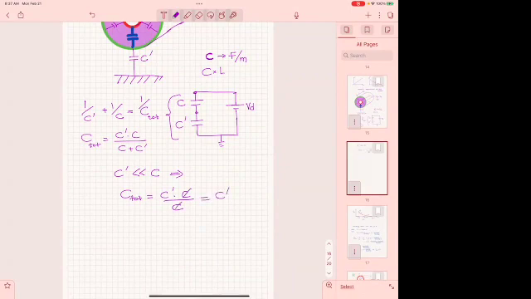So what did a small error in the fabrication do for this particular cable? It reduced its capacitance to very, very small values.